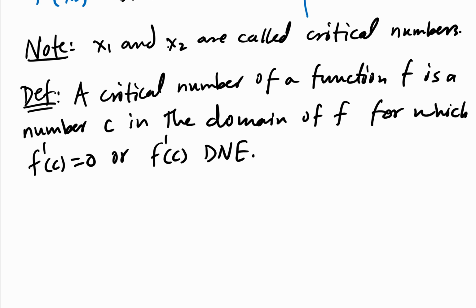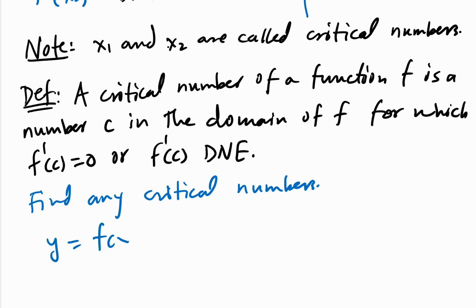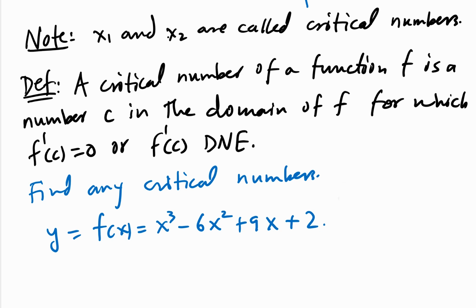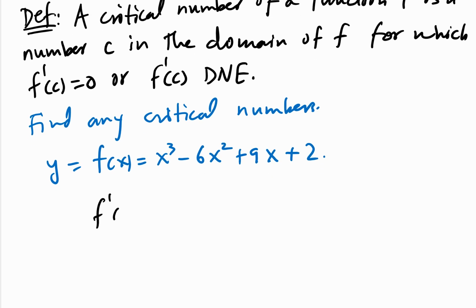Okay, so what do we do here? Find any critical numbers for the following functions. Let's say f of x is x cubed minus 6x squared plus 9x plus 2. We need to find the derivative, which is 3x squared minus 12x plus 9. When is this 0 or does not exist? So this will always exist. So when is it 0?